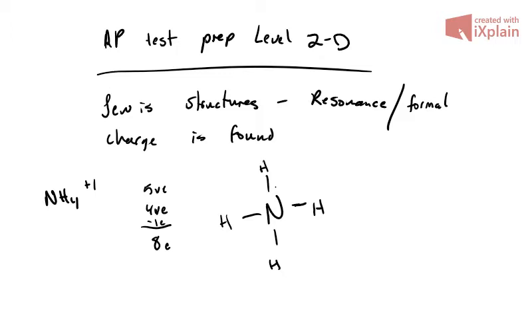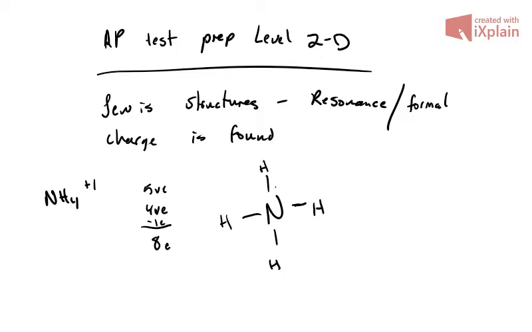Now, formal charge is a specific calculation. This calculation tells you the charge on the entire atom or on the entire molecule based off of the types of bonding and the electrons present.